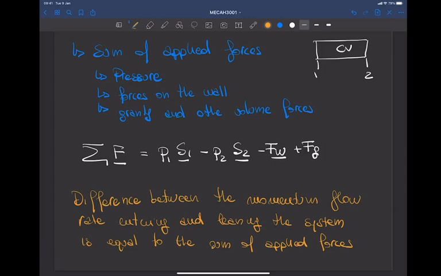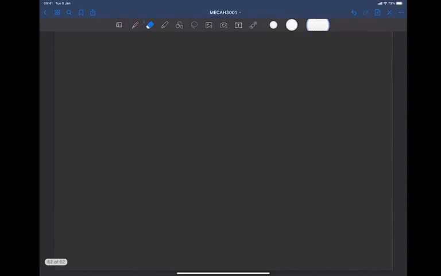Okay, so if we put all of this together and we try to put in equation the words that I just wrote down here with the orange Bic pen, what I have is the following equation. So I have Q dot 2 minus Q dot 1 is equal to the sum of forces applied, and these are all vectorial quantities.